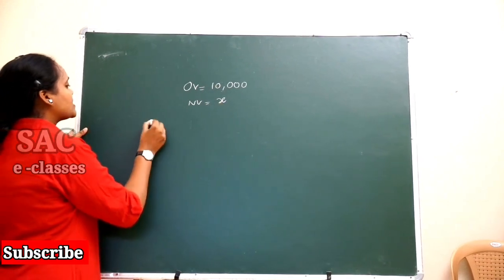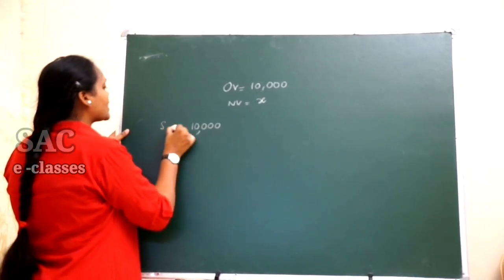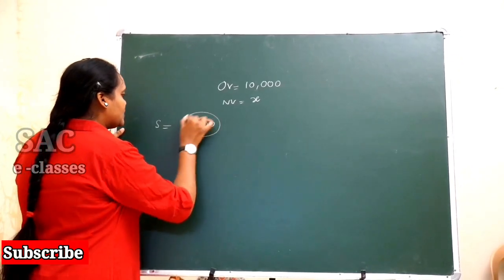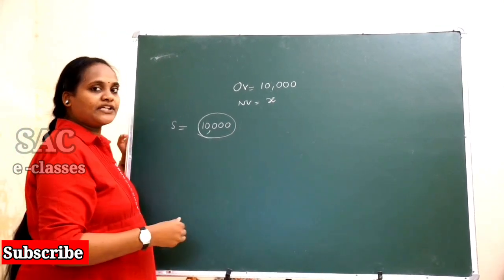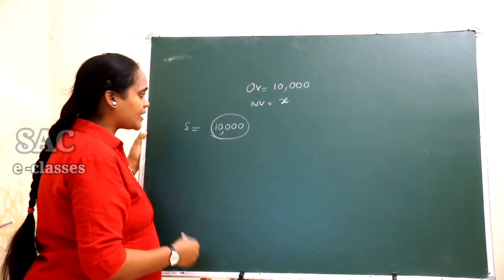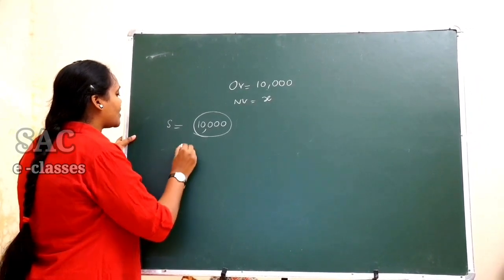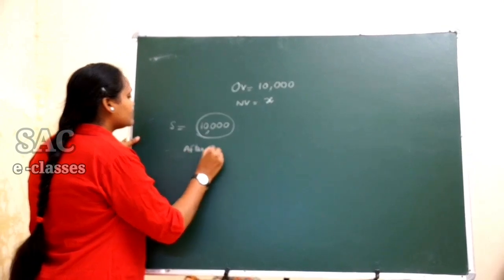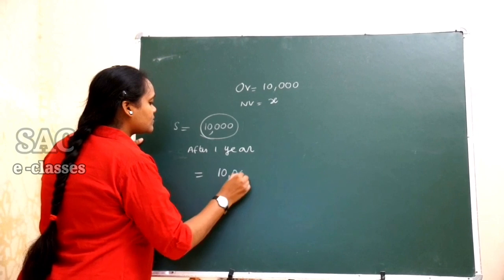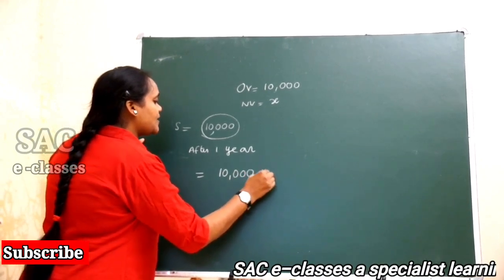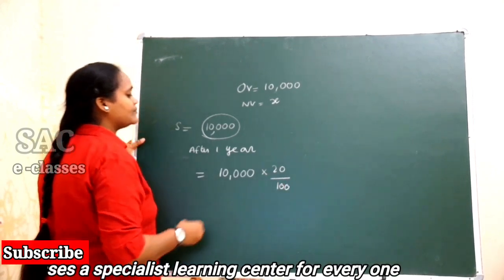For example, first of all, the scooter cost is 10,000 rupees. What happened? Every year 20% is depreciated. Depreciated means reducing. So the value after 1 year: 10,000 is depreciated by 20%, that's why 20 by 100.